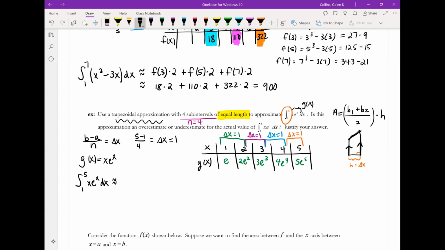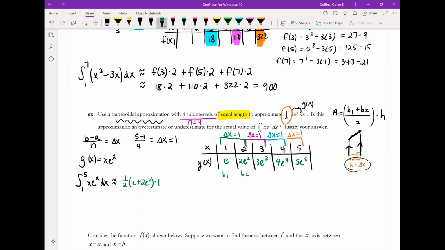And our height is our delta x. So these are all bases. For my first trapezoid, e is base 1 and 2e squared is base 2. I'm going to pull the 1/2 out in front. So 1/2 times e plus 2e squared. That's the average of the two bases. And then times the height, I'm going to write times 1.